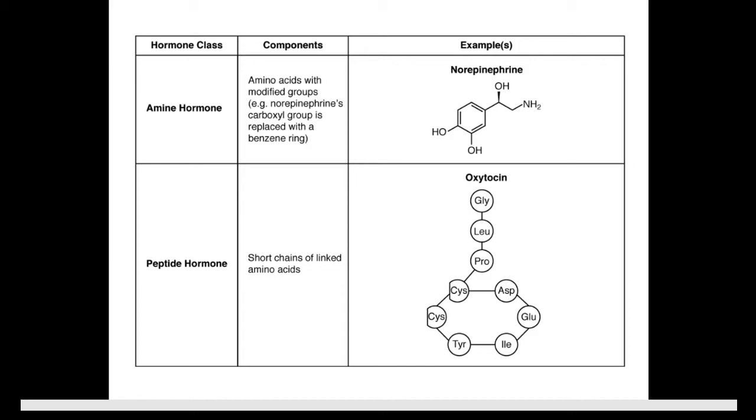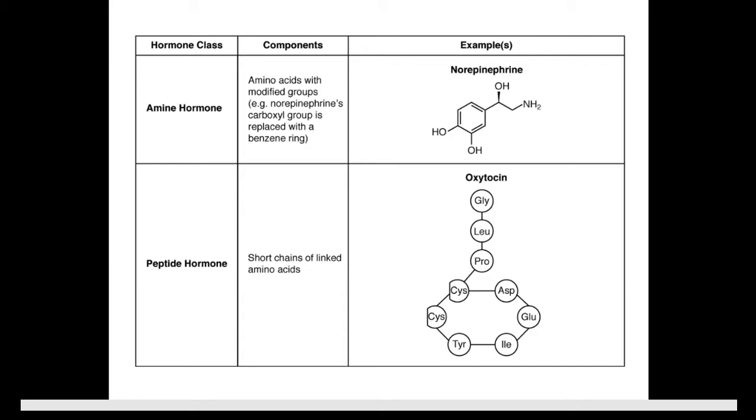Amine hormones have modified amino acid groups. Amino acids have the R group, right? The modification of a particular R group or carboxylic group is called an amine hormone. Normal amino acids are changed at the carboxylic group or their R group.